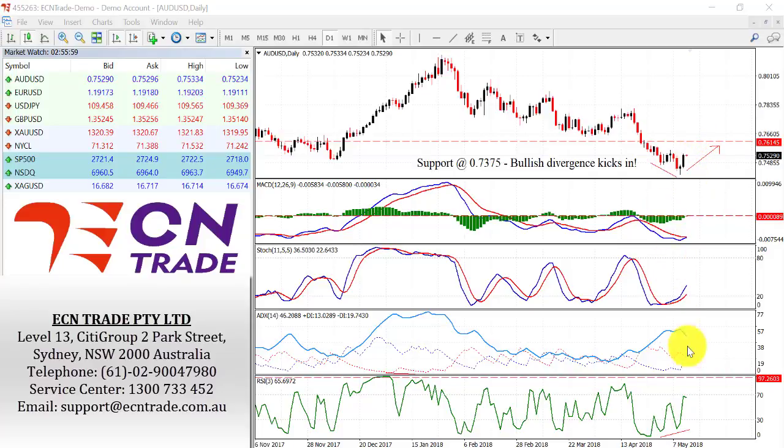The reason behind that is there has been bullish divergence from the RSI as well as the stochastic and also from the histogram. Since posting an 11-month low of around 74.12, we've now established a short-term base from 73.75. So with the divergence kicking in, we should eventually see a further rise in the Australian dollar.